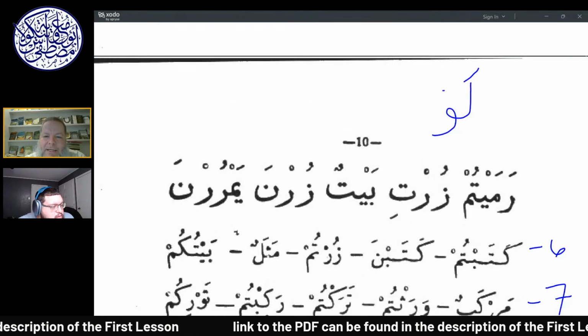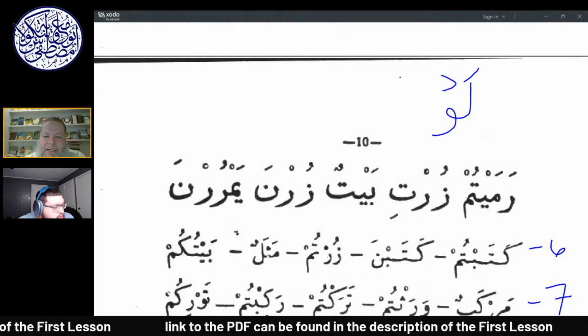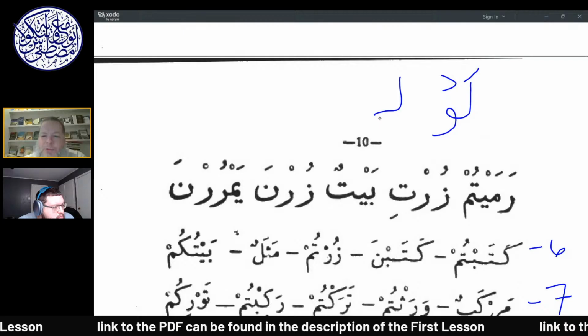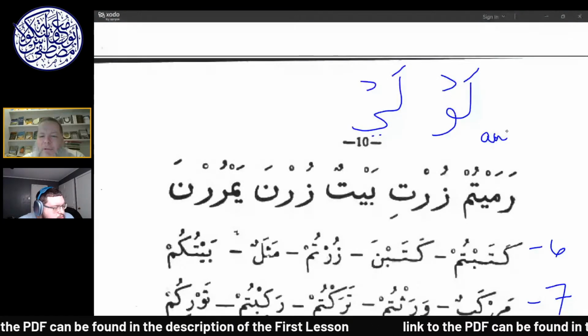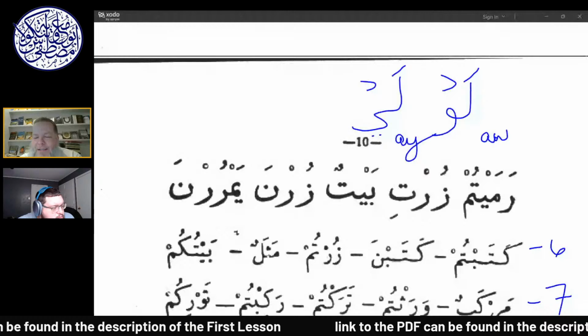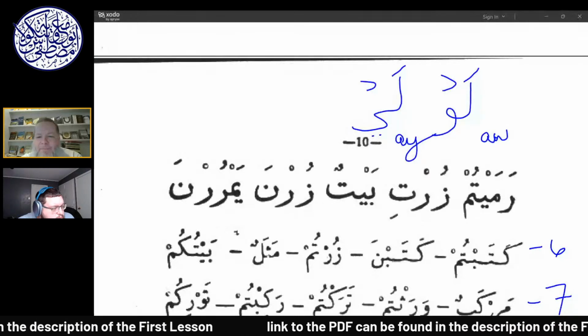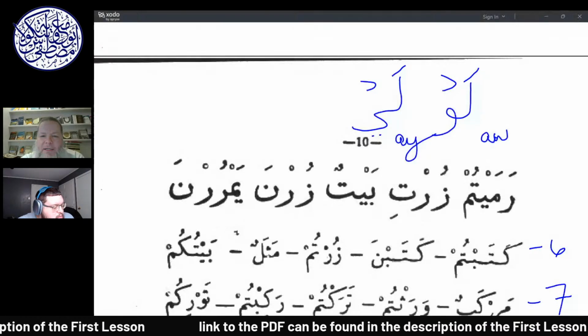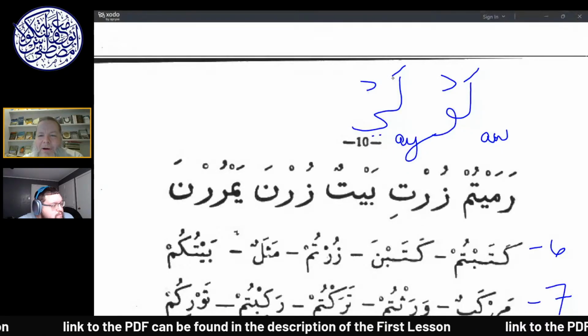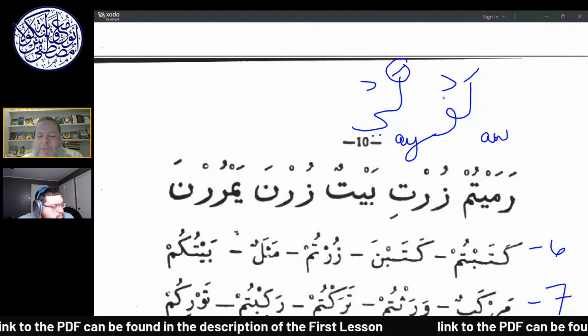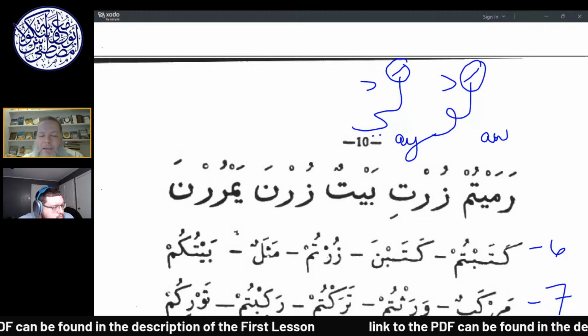Now, like I told you, this AW, when we put low, or the AY, these are called diphthongs. You can look that up more. This AW sound and the AY sound, you're going to see these a lot. Low and lay. When you have a sukoon on this ya after a fatha, or a sukoon on the waw after a fatha, it is going to be AW or AY.